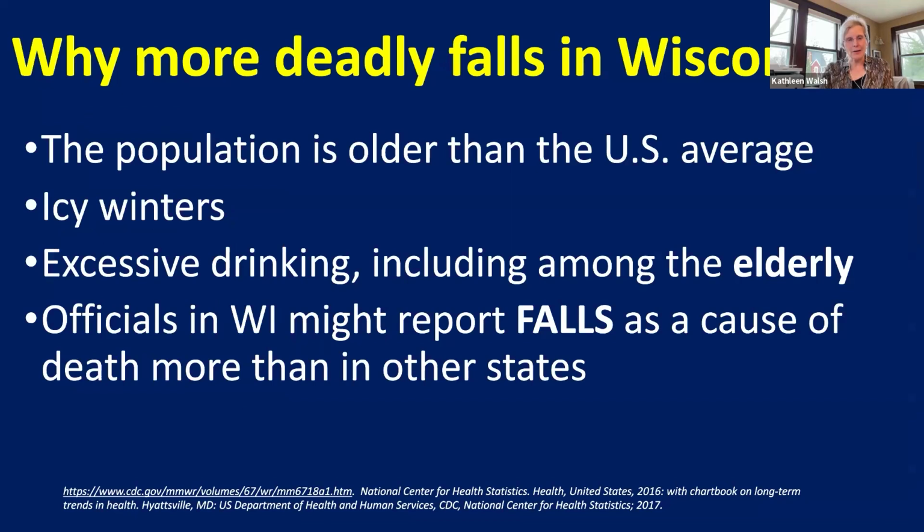And what we have found is that officials in Wisconsin, the coroners, if people pass away in the hospital, will usually report falls as a cause of death more than any other states. This is why Wisconsin has been identified as the death state when it comes to falls, but it's usually how you document why the person died as well, in addition to the other factors.